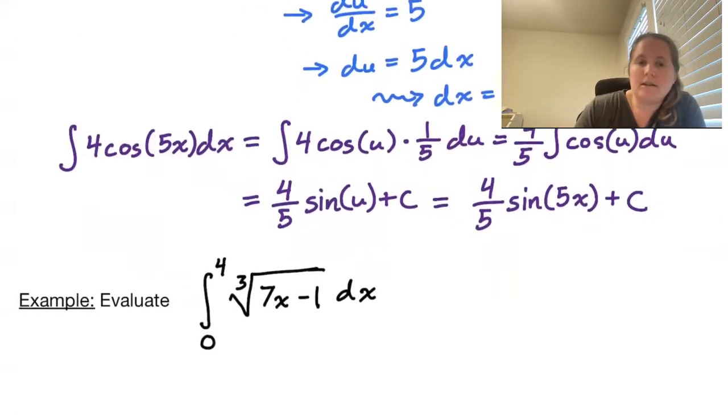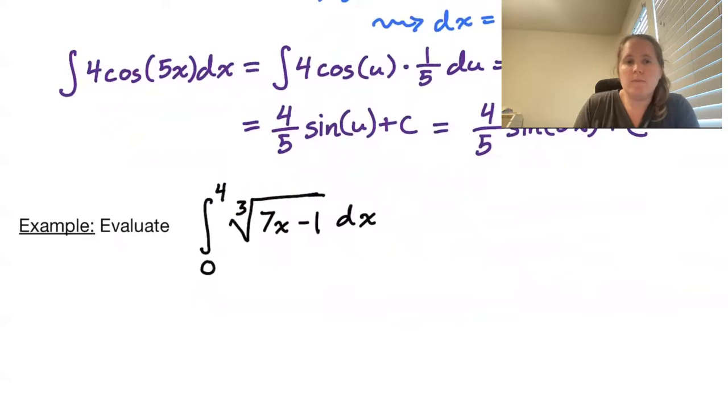Now let's go ahead and evaluate a definite integral. So we have the definite integral from 0 to 4 of the cube root of 7x minus 1. So we know how to evaluate an integral of a cubed root of x. That's just x to the 1/3. We know how to deal with the power rule. But here we have something inside.